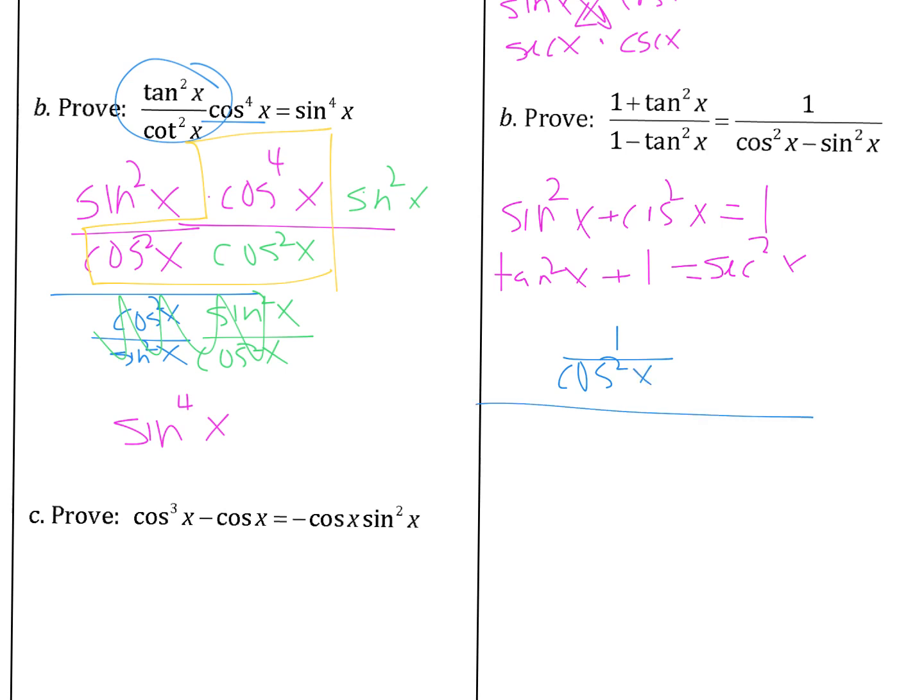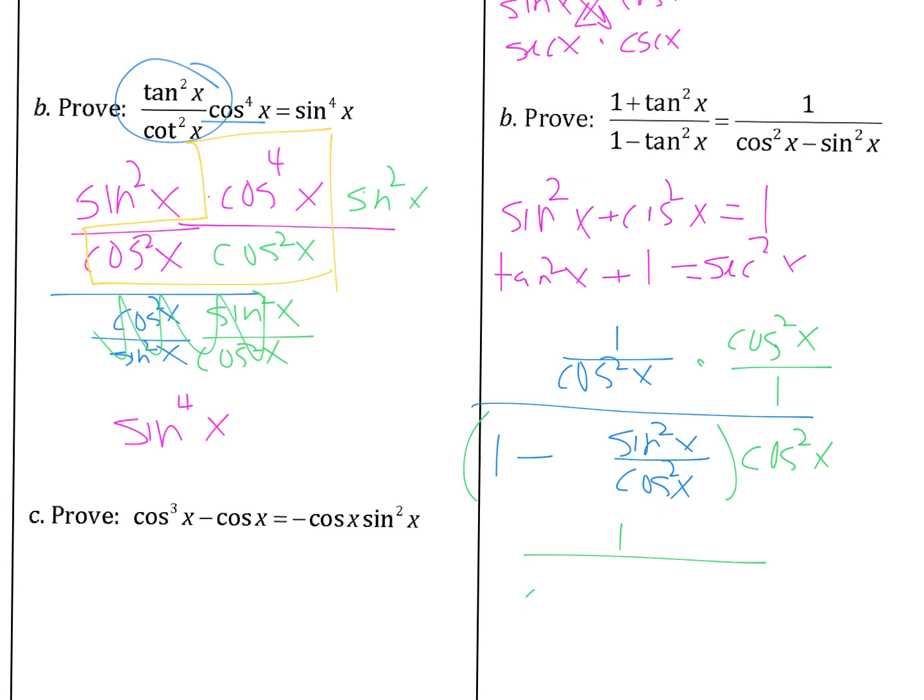I don't know if this is the best path, it's just what my brain went to. And then 1 minus sine squared over cosine squared. And I don't like that I have all these cosines hanging out, so I'm going to multiply by cosine squared here and by cosine squared here. So the top becomes the number 1. The bottom becomes cosine squared minus sine squared. Cool. It's not the only way to do it, it's just where my brain went, so I went with it.